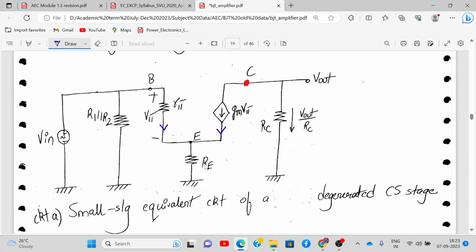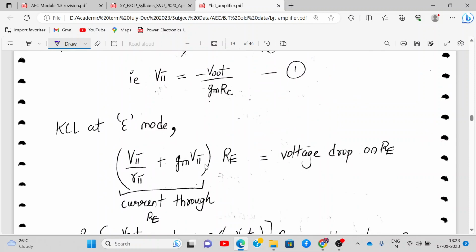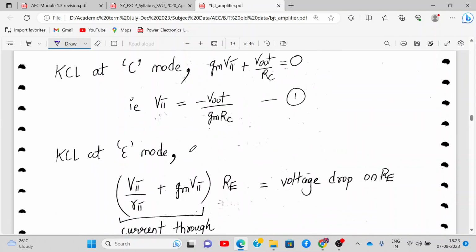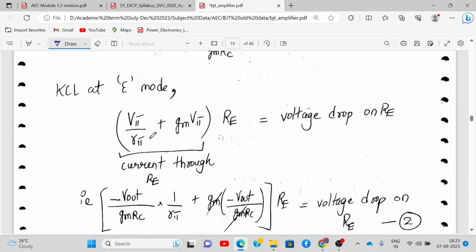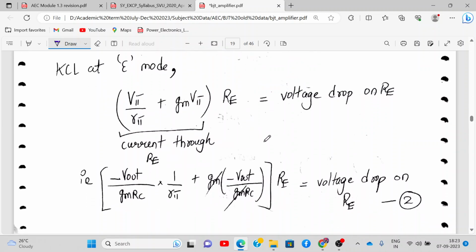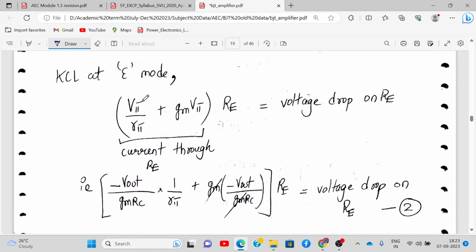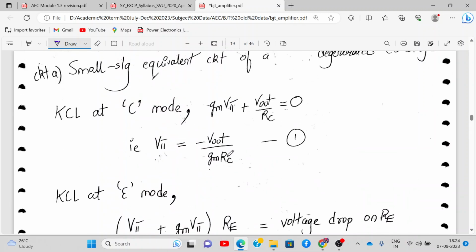So what is this current? This current is V pi upon R pi, and this current is GM V pi. So that's what we have written: current through RE into RE. KCL will be current through RE into RE is equal to the voltage drop on RE. Now this V pi, we substitute the value from here.